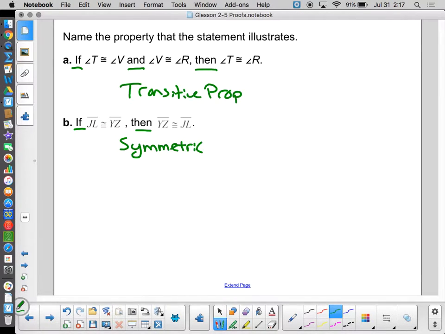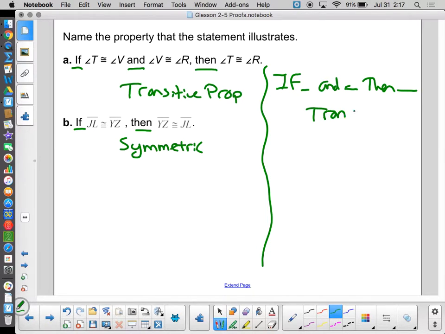One of the things that can help you out, if you're looking for a shortcut: if we see if blank and blank, then blank, that's usually transitive. That's the format for transitive. If I see if blank, then blank, and it's the same thing just flipped, that's symmetric.